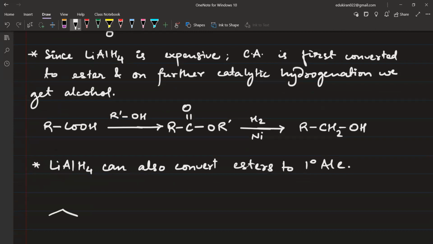So if you have CH3 C double bond O, oxygen, and then let us suppose you have CH3 and you are using lithium aluminium hydride, the bond is going to break from here. The carbon and single bond oxygen is going to break, and you are going to get 1 two-carbon-atom OH plus 1 carbon atom OH, CH3OH.